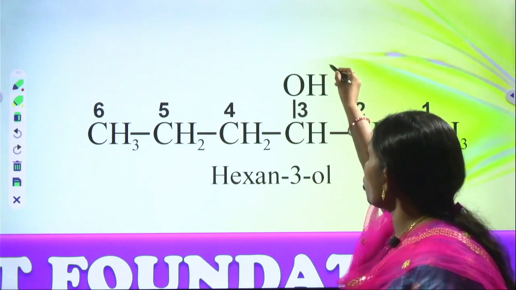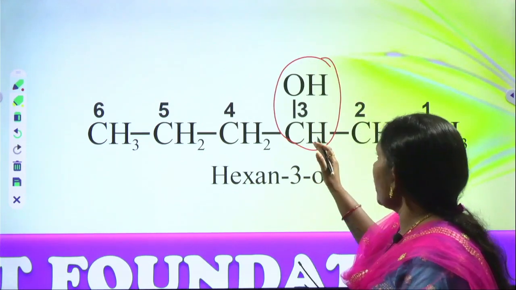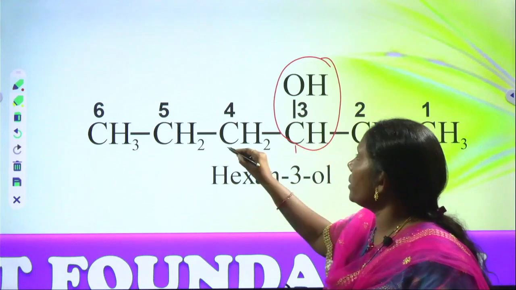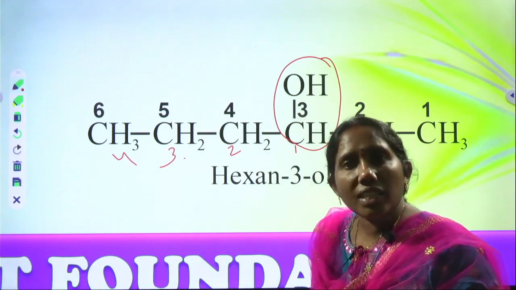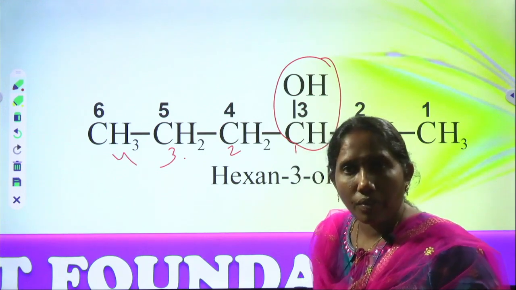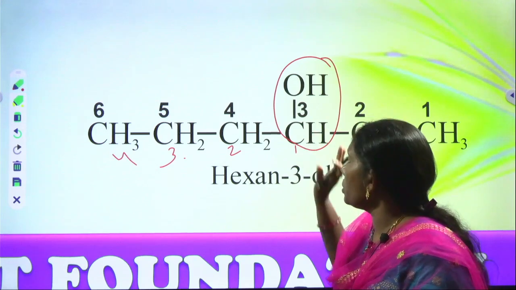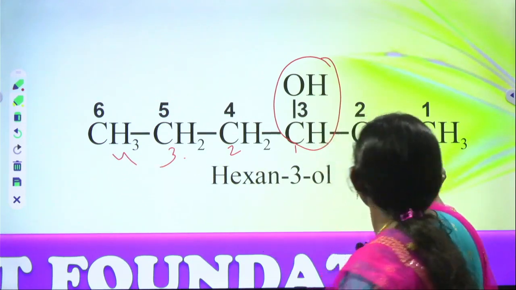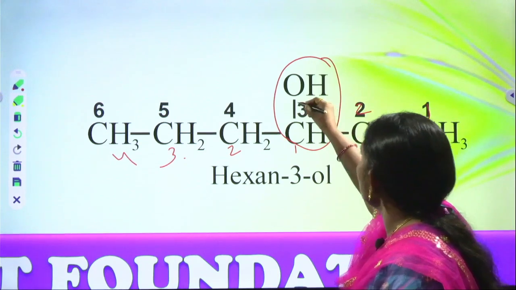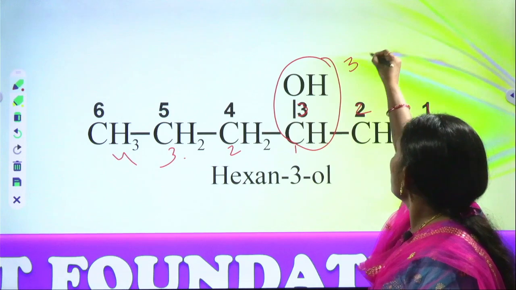If you see, the OH group is at the middle, right? So we cannot start from the middle, but there is a preference that we give the last number to the hydroxy group. If you number from this side, 1, 2, 3, 4, 5, 6, it is 3-ol.